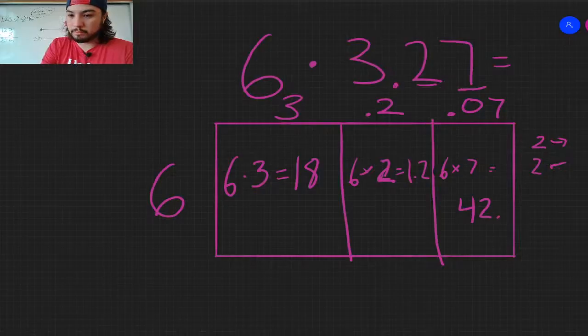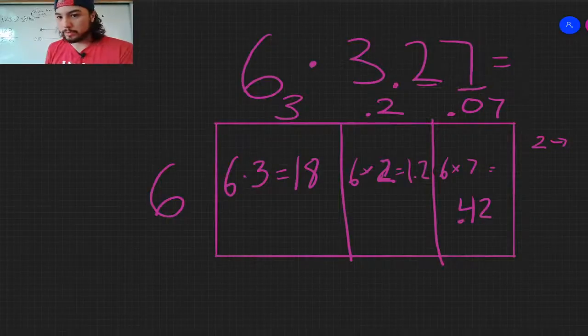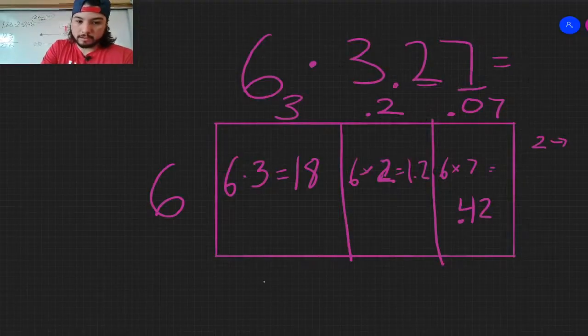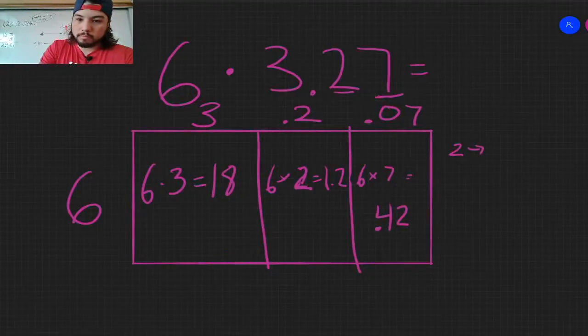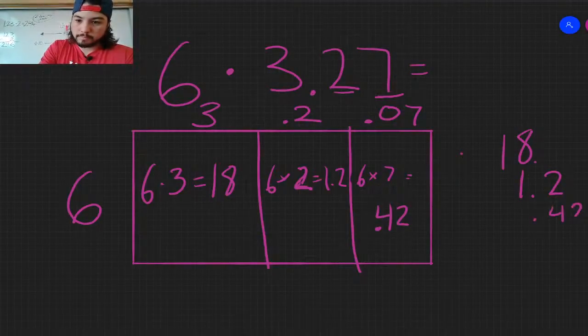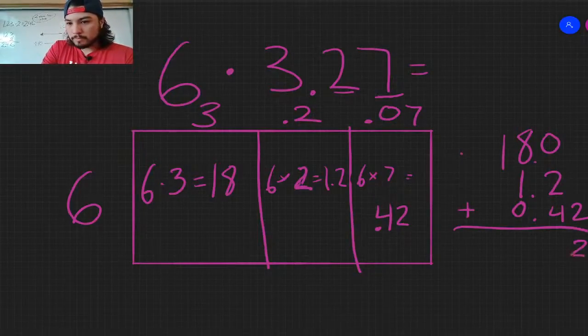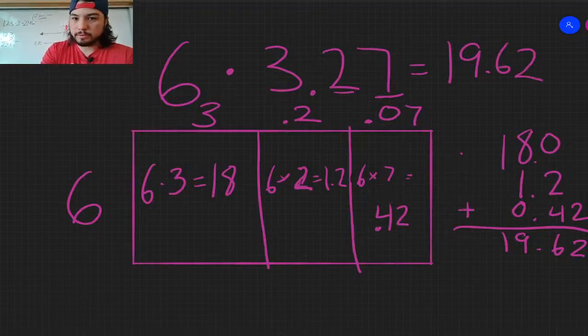And I'm left with 42 hundredths. Then add them together for a total of 19 and 62 hundredths.